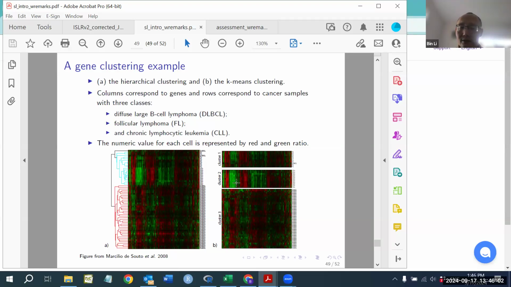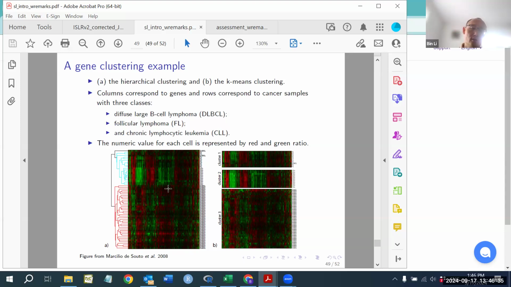The color scheme is used to show the gene expression levels. Each row represents a patient that has a cancer, and each column represents a particular gene's expression level. If it's red, it means positive, green means negative, and black means on the average.